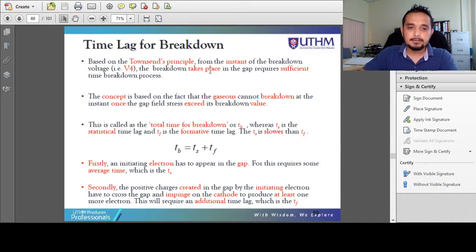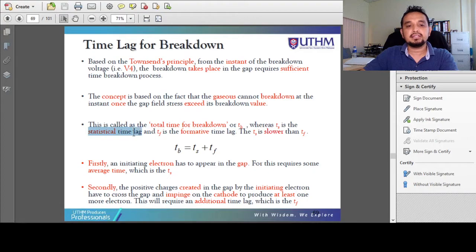In this case, we classify TB, the total time for breakdown, as equivalent to TS plus TF. TS is the statistical time lag, and TF is the formative time lag. Okay, what does it mean?